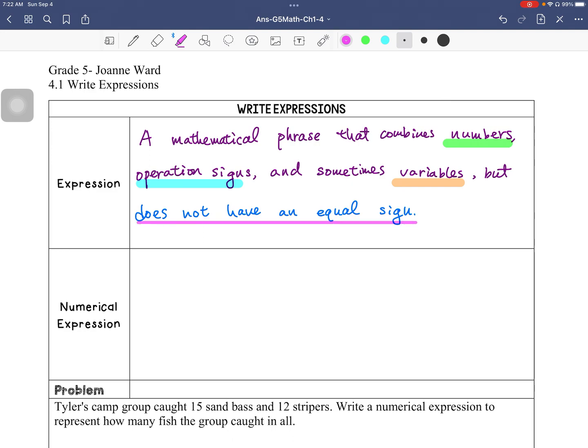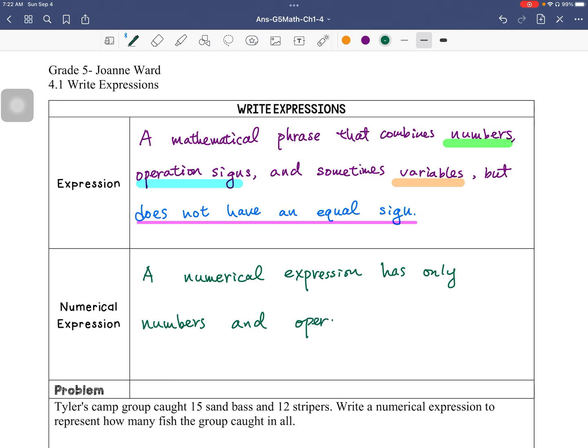Okay, so what is a numerical expression? A numerical expression has only numbers and operation signs.